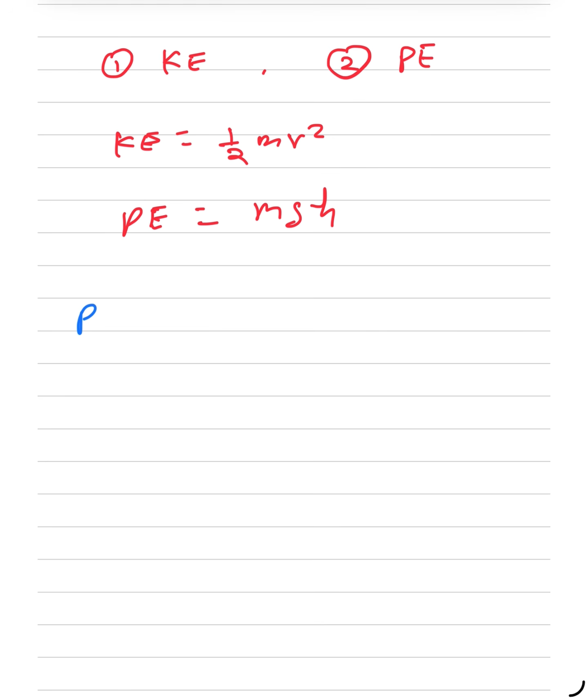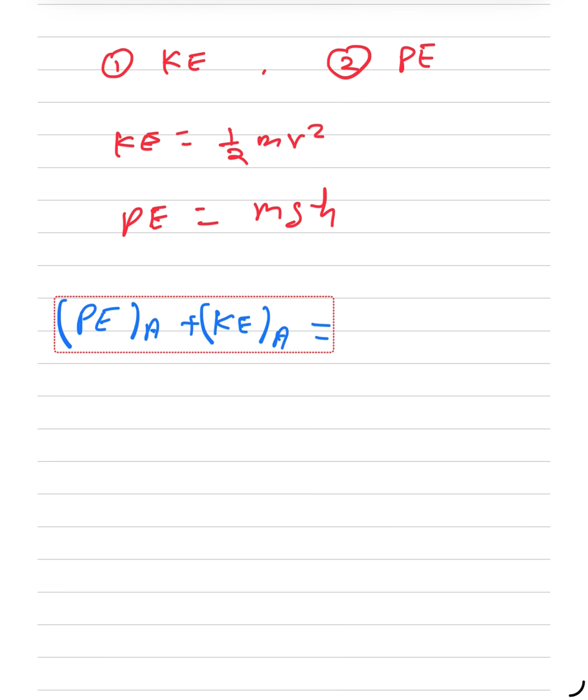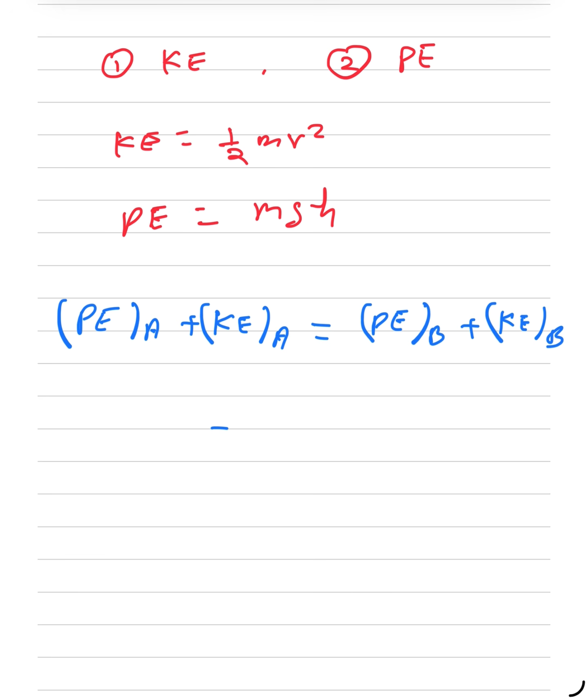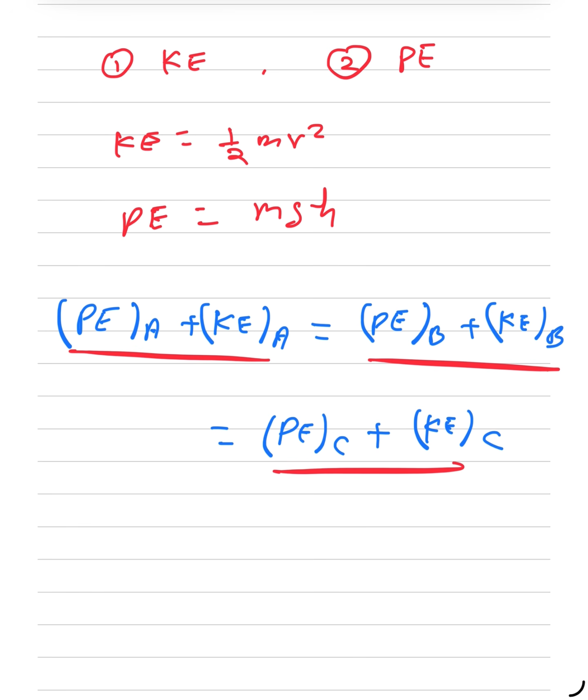From the energy conservation law, total energy at point A, meaning kinetic energy and potential energy at point A, equals potential energy at point B plus kinetic energy at point B, equals potential energy at point C plus kinetic energy at point C. This value always remains the same because total energy of the system always remains constant.